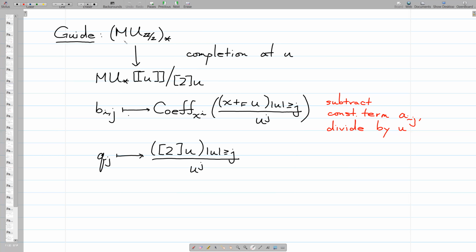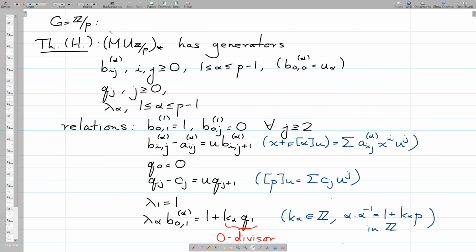So this is a story due to Strickland for the case when you have MU G star, when G is Z mod 2. The first thing I did is to generalize this story to the case G equals Z mod p. Here's my first theorem: MU Z mod p star, the coefficient ring of MU Z mod p, has the following generators, as an MU star algebra.